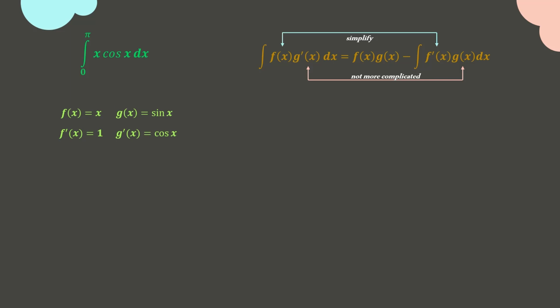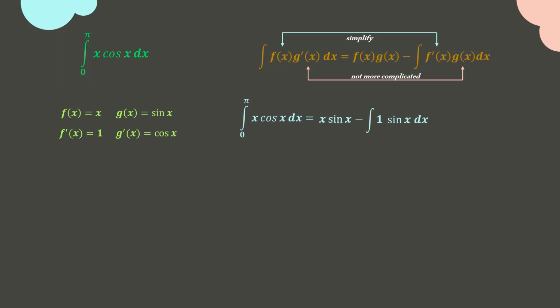Now, let's apply integration by parts. The definite integral from 0 to pi of x cosine of x dx is equal to f of x times g of x, which is x times sine of x, minus the integral of f prime of x, which is 1, times g of x, sine of x, dx.